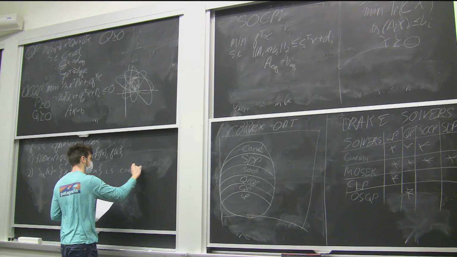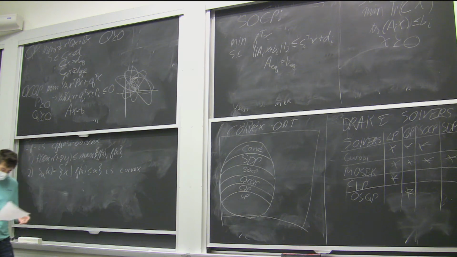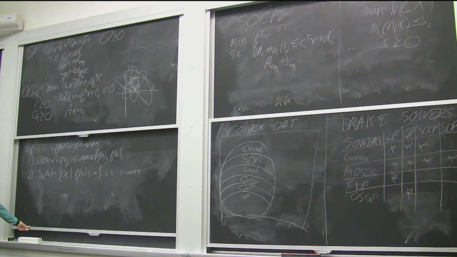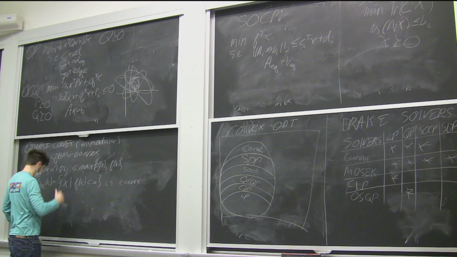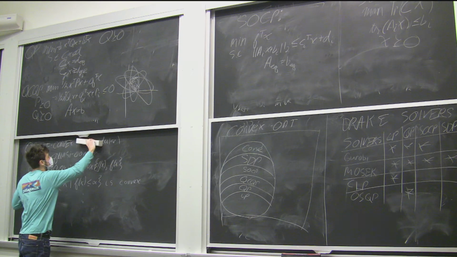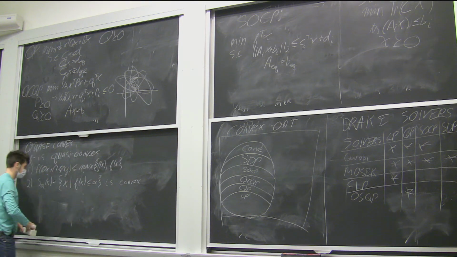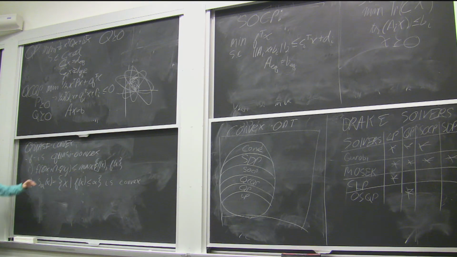So there are two equivalent definitions of quasi-convexity. You can either show that drawing a line between any two point evaluations works.